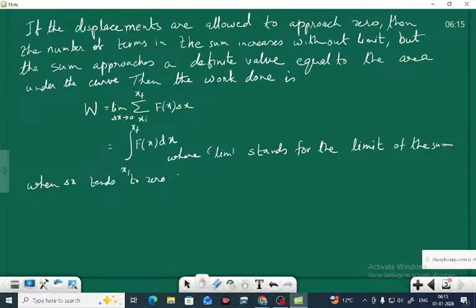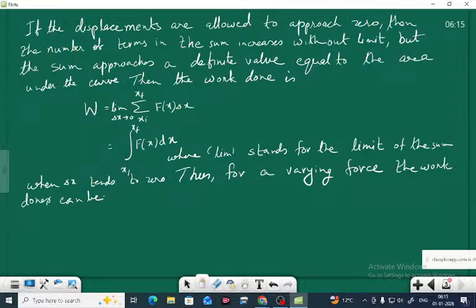Thus for a varying force, the work done can be expressed as a definite integral of force over displacement.